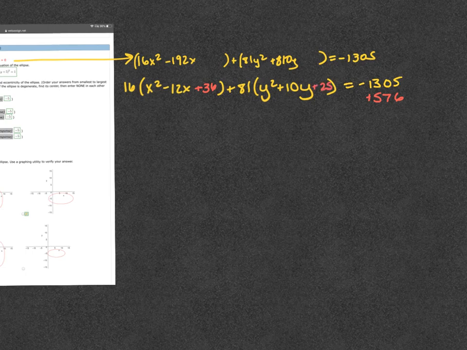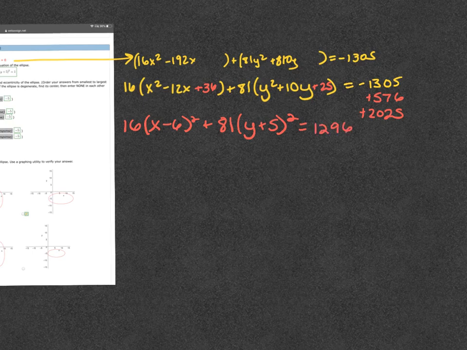So I'd have to do 25 times the 81. So this is 16(x minus 6) squared plus 81(y plus 5) squared equals 2025 plus 576 minus 1305. And I get 1296.